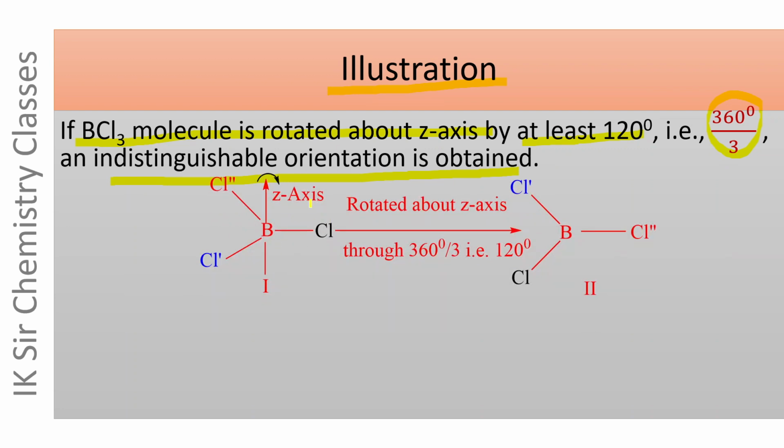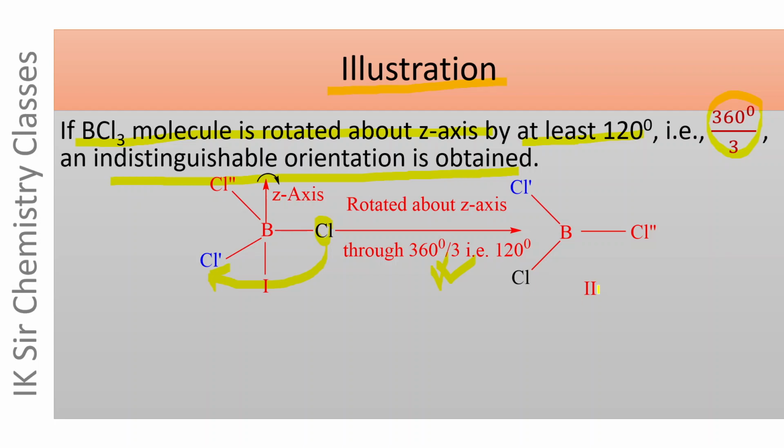This is BCl3 molecule. It is rotated about Z axis by 360 degree by 3, that is 120 degree. As a result of this rotation, this black colored chlorine atom comes to this position in orientation number 2. And similarly, the positions of other chlorine atoms change.